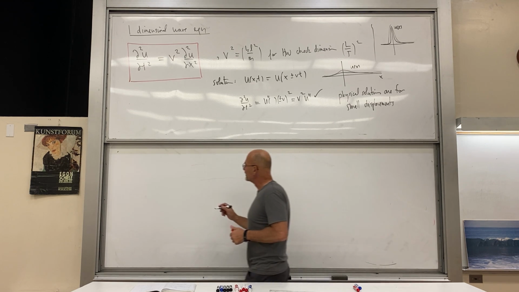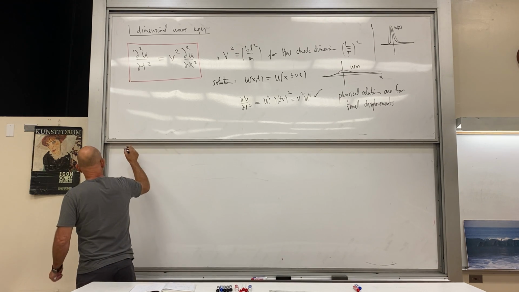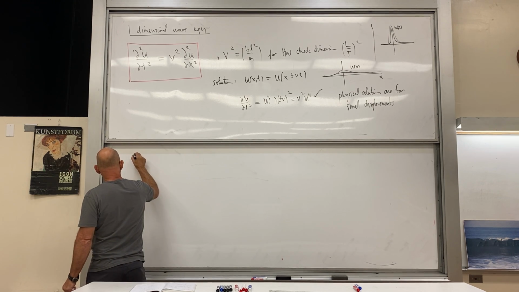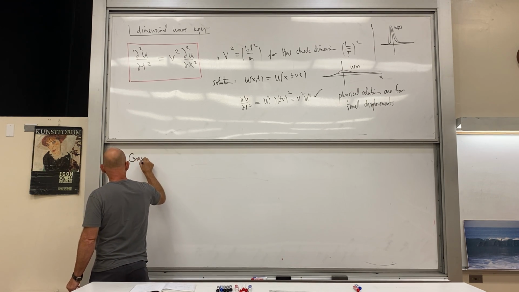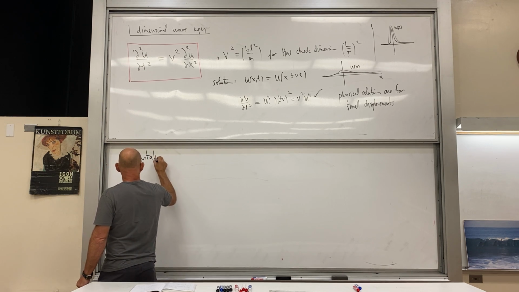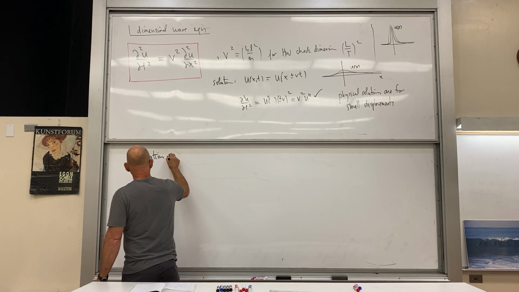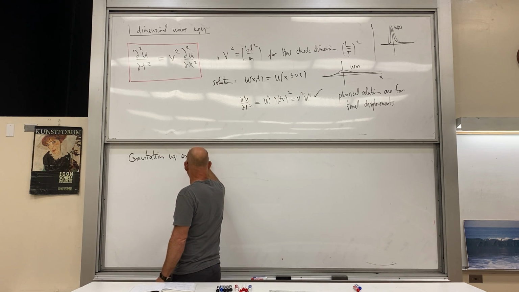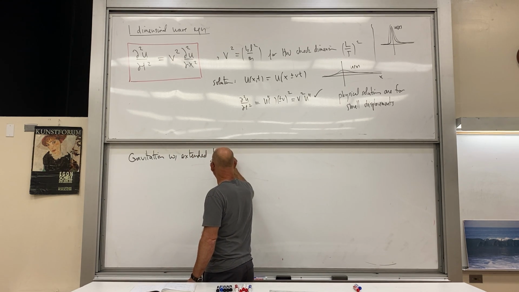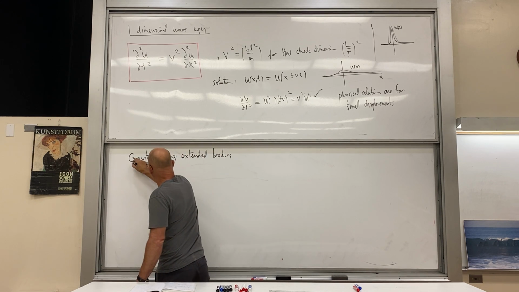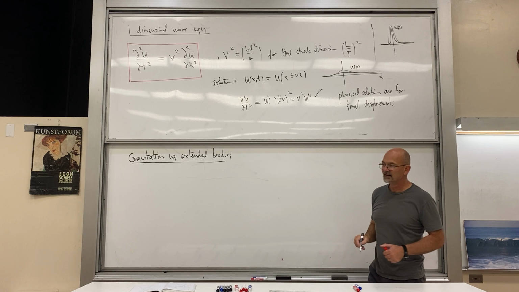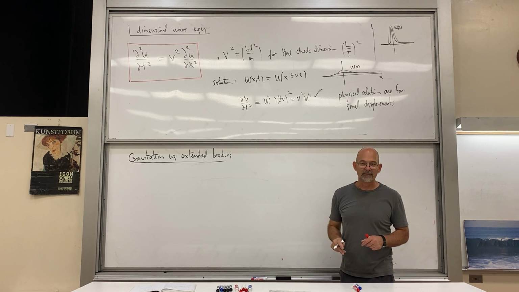So the next entire chapter here, we're going to call this gravitational theory of extended objects. Gravitation with extended bodies. Now we've been making use of a theorem, namely that a spherical body acts just like a point mass.